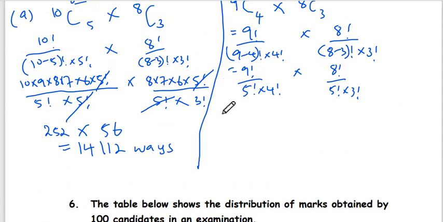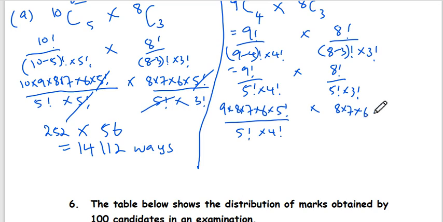So this becomes 9 times 8 times 7 times 6 times 5 factorial divided by 5 factorial times 4 factorial, times 8 times 7 times 6 times 5 factorial divided by 5 factorial multiplied by 3 factorial. So 5 factorial cancels out 5 factorial, 5 factorial cancels out 5 factorial.